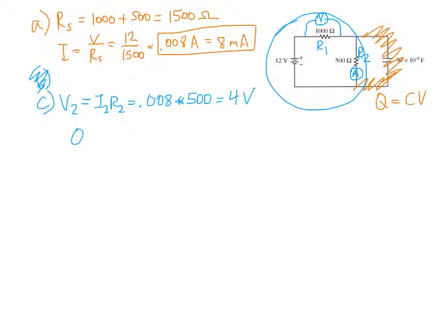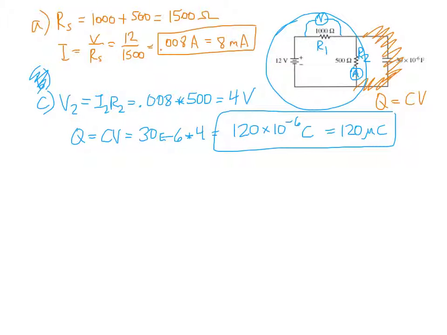So that means the charge on the capacitor, C times V, is the capacitance, 30 times 10 to the negative 6, times the 4 volts, which is equal to 120 times 10 to the negative 6 coulombs, or 120 microcoulombs. Or you could also put it in scientific notation and say 1.2 times 10 to the negative 4 coulombs.